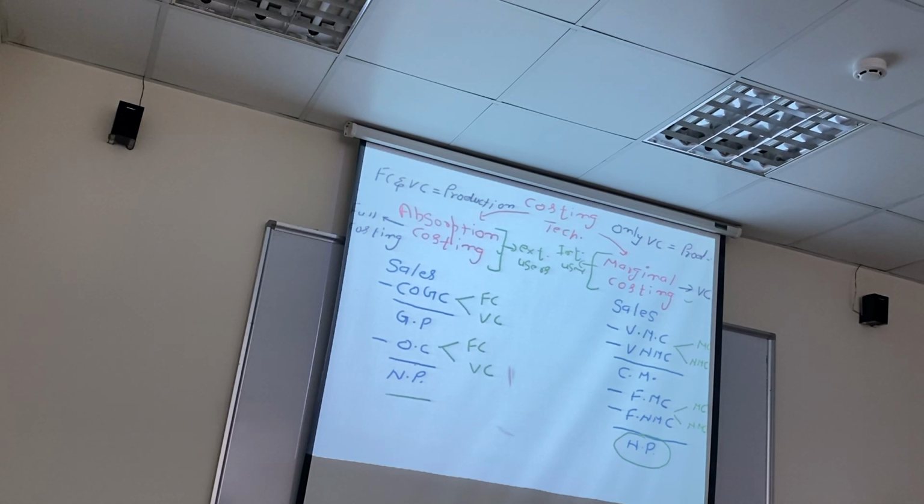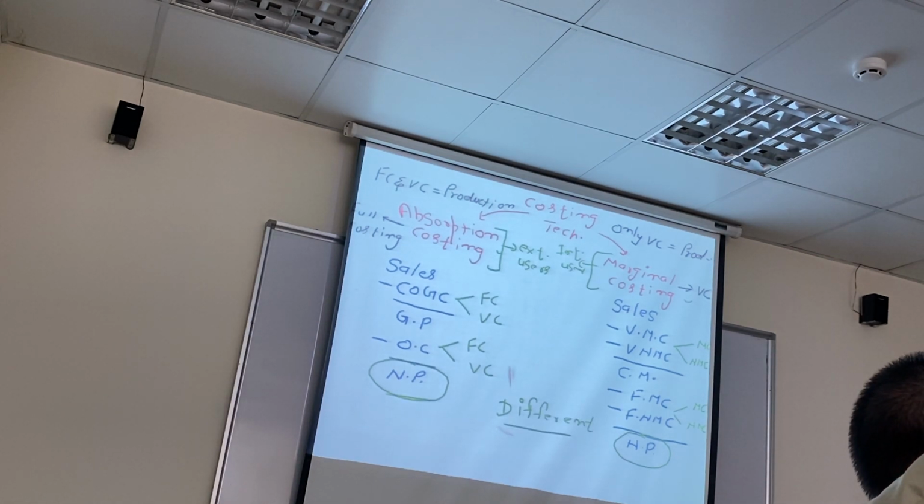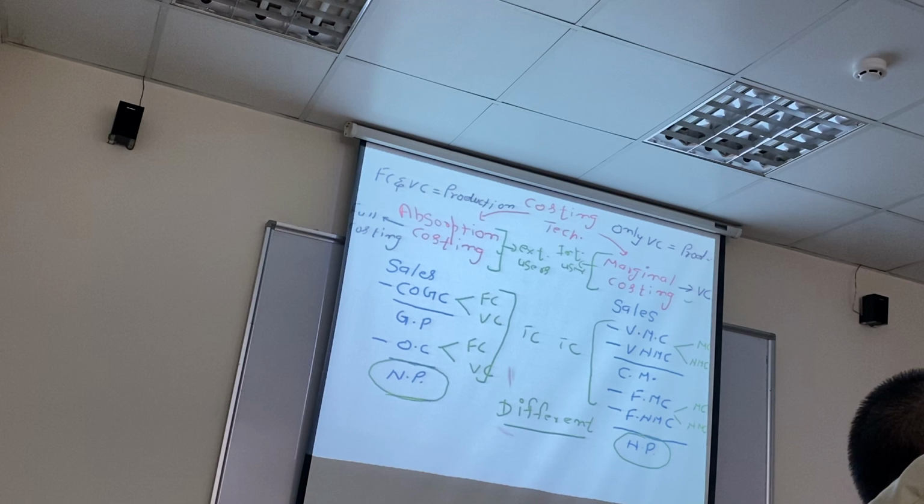And one more interesting thing. The net profit of absorption costing and the net profit of marginal costing are different. They cannot be the same, even though total cost is the same: variable and fixed, or manufacturing and non-manufacturing.